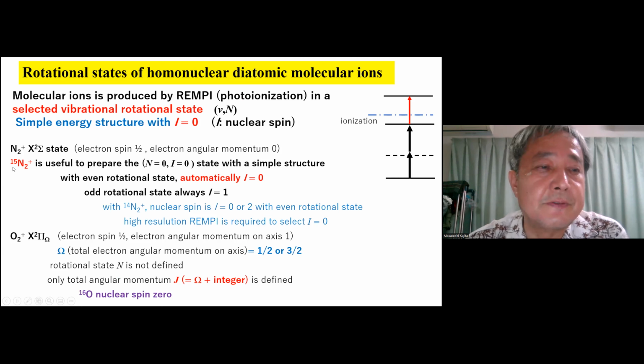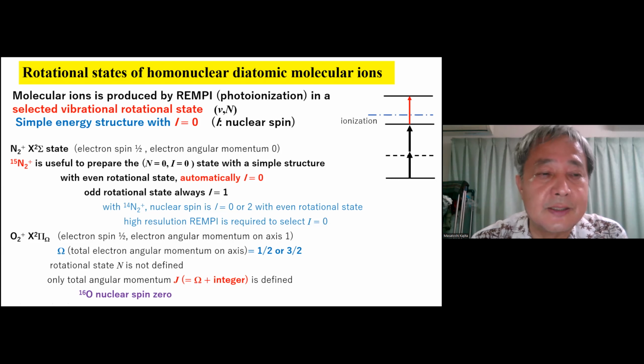I want to argue that the 15N2+ isotope is useful to prepare the rotational state N = 0 and nuclear spin 0 with a simple structure. Because for 15N2+, an even rotational state automatically has nuclear spin 0. For an odd rotational state, nuclear spin is 1. With the conventional 14N2+ molecular ion, nuclear spin can be 0 or 2 with an even rotational state, and it is not easy to select the 0 nuclear spin molecular ion.